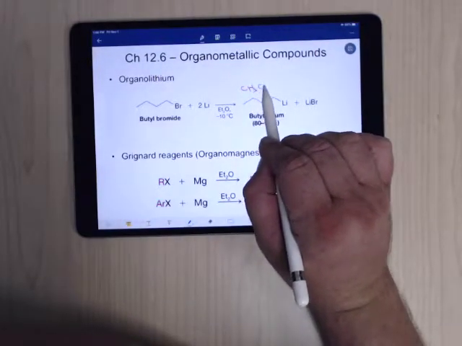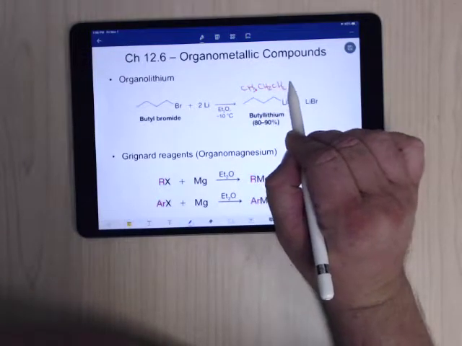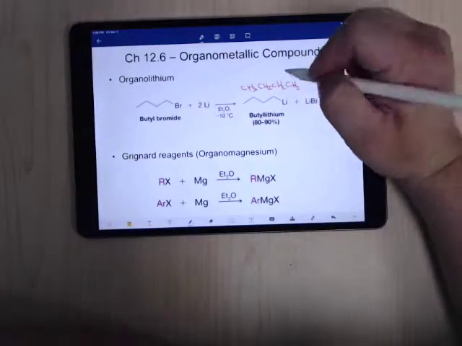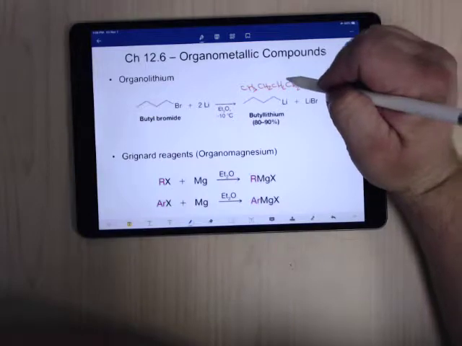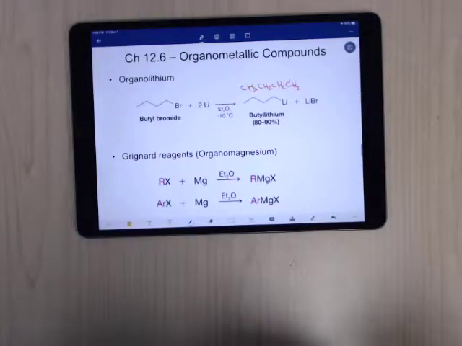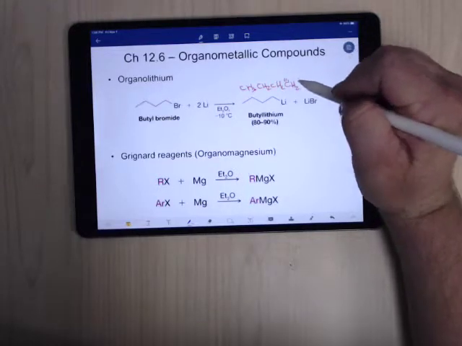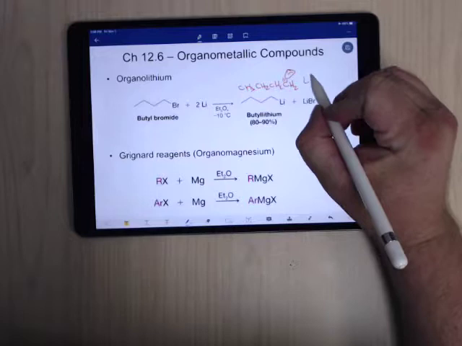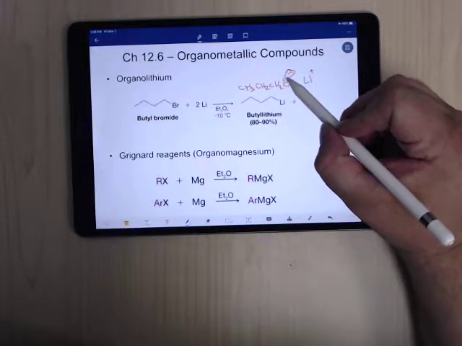CH3, CH2, CH2, CH2, plus lithium. So you can think of it as having a set of lone pairs.